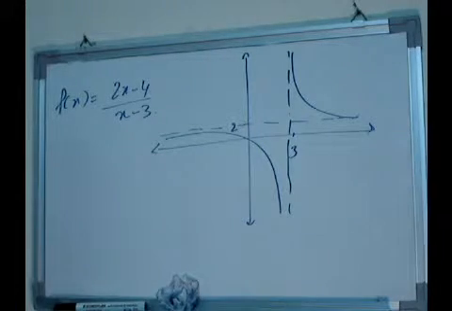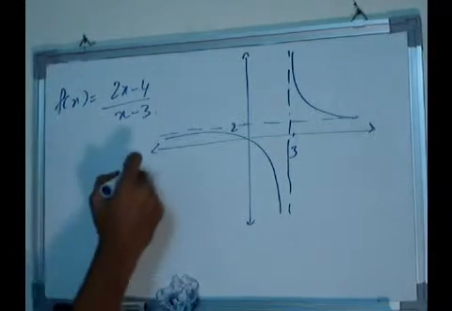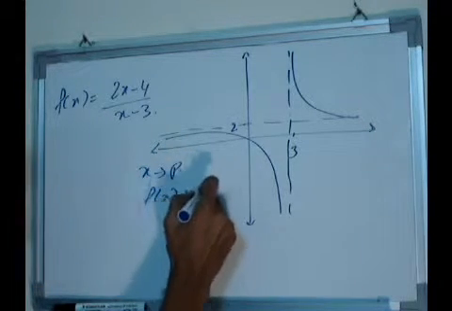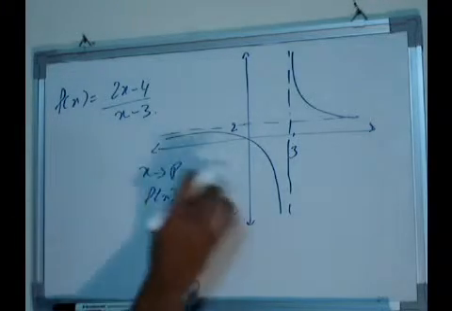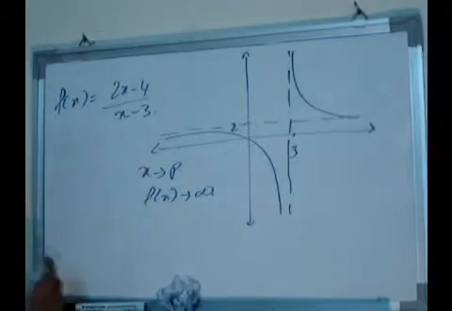Okay, now let's check whether that condition for when x tends to p, f of x tends to infinity, is satisfied for this particular example. Over here it is evident that x equal to 3 is the vertical asymptote.